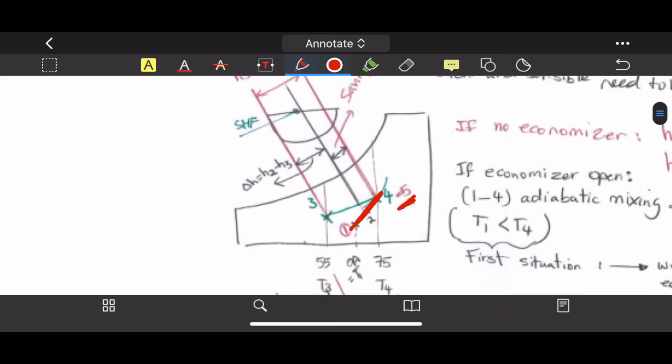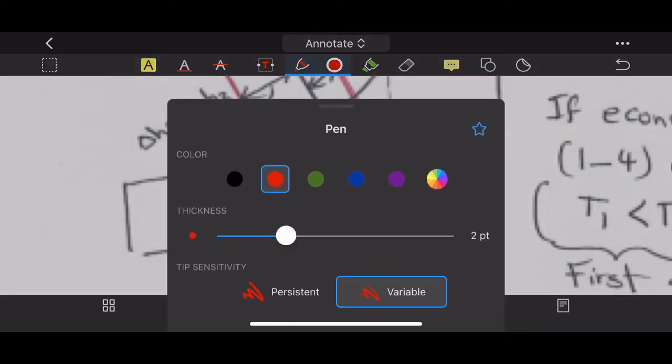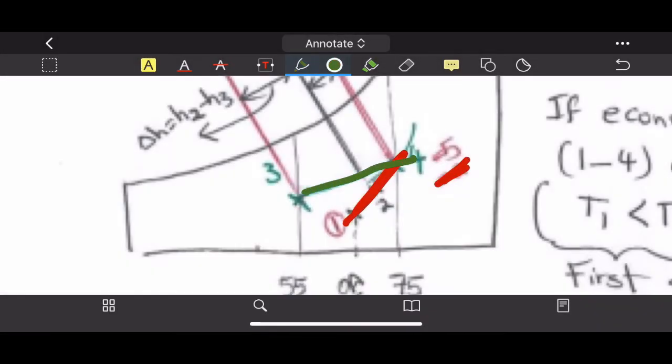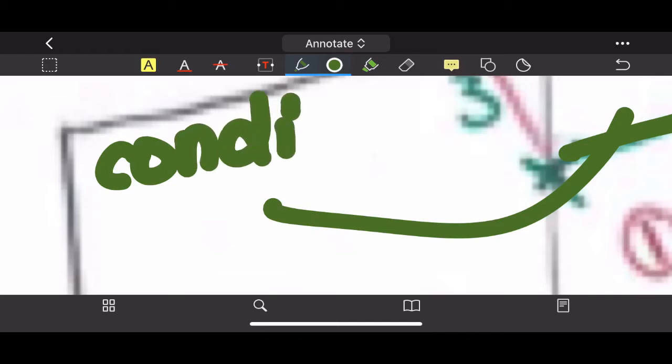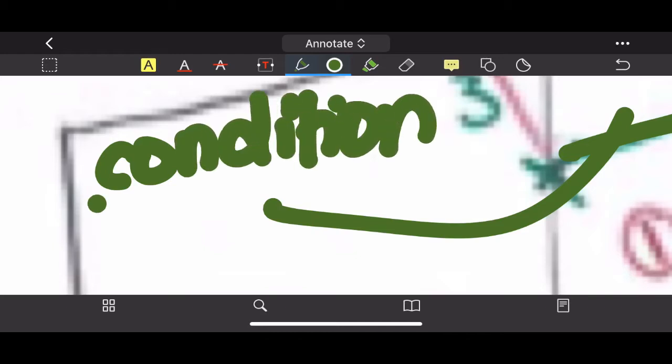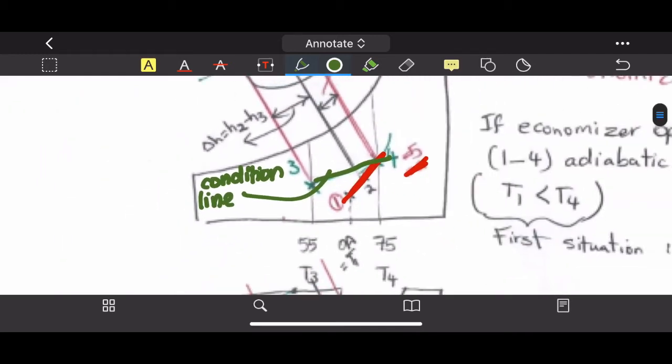All right, now 3 and 4, the green color, this one is our condition line. Let me write this down: condition line. We want the room to be cold and maintain cold between state 3 and state 4.